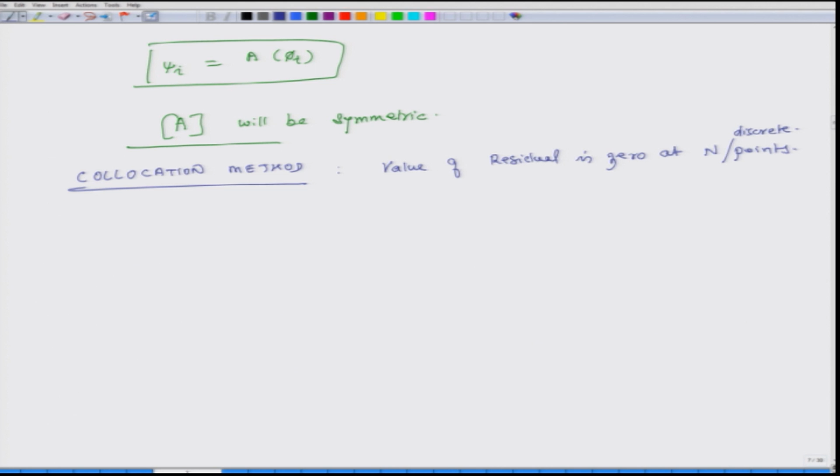Okay. So, what does that mean? In this case my psi I is a Dirac delta function.